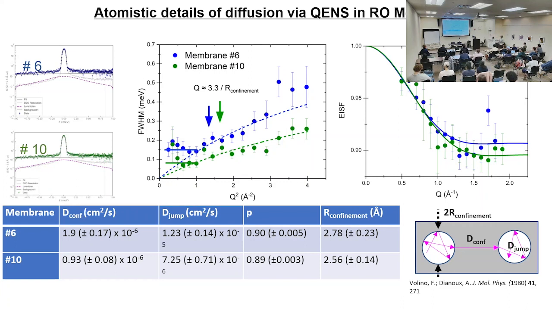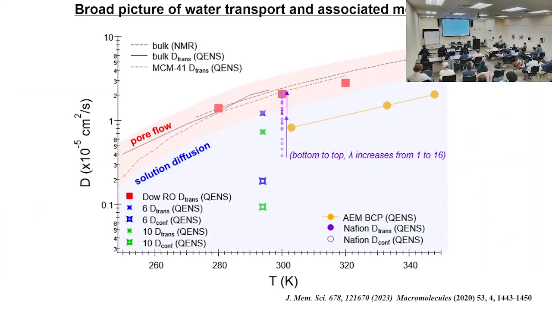Okay, so from this you can say that this is the reason why we have lower permeability for membrane number 6. So here we are looking at a broad picture of water transport and associated mechanism. So here we have data from a previous RO membrane that we used. So this here is the bulk water data, and here is the water dynamics in MCM41.